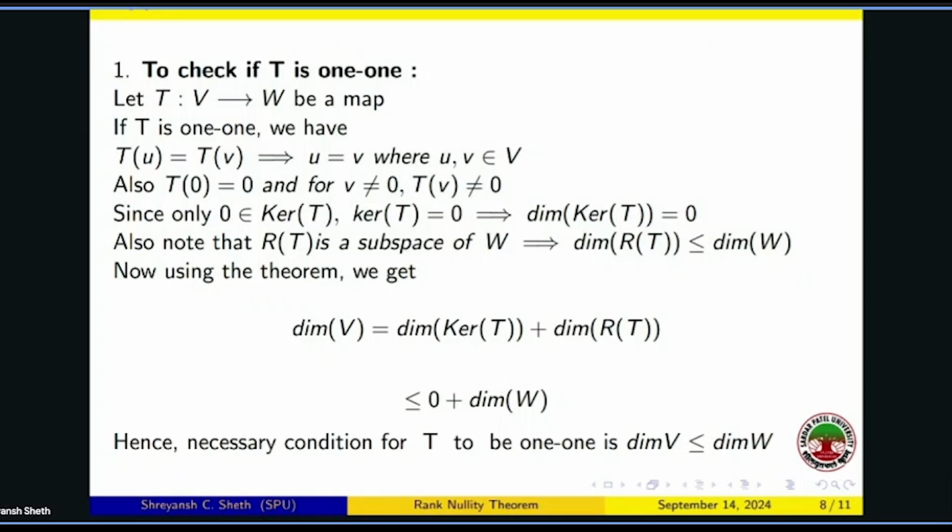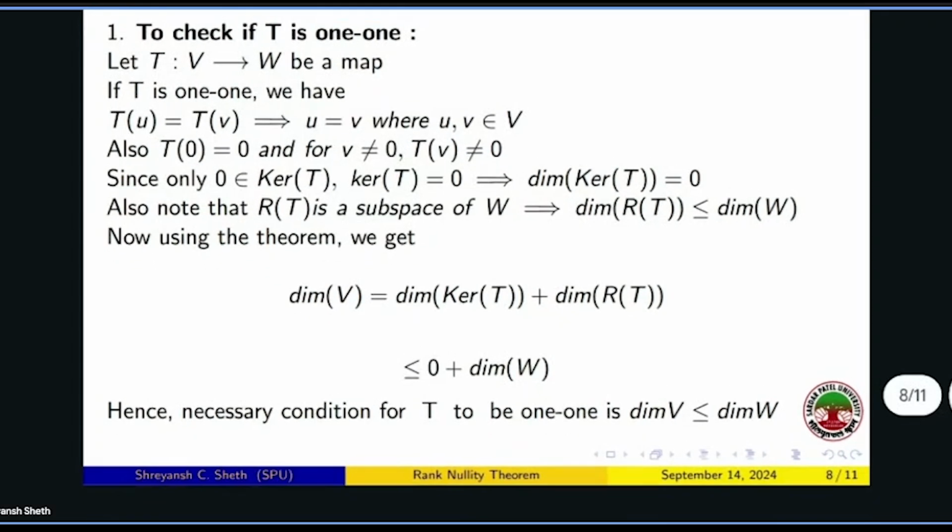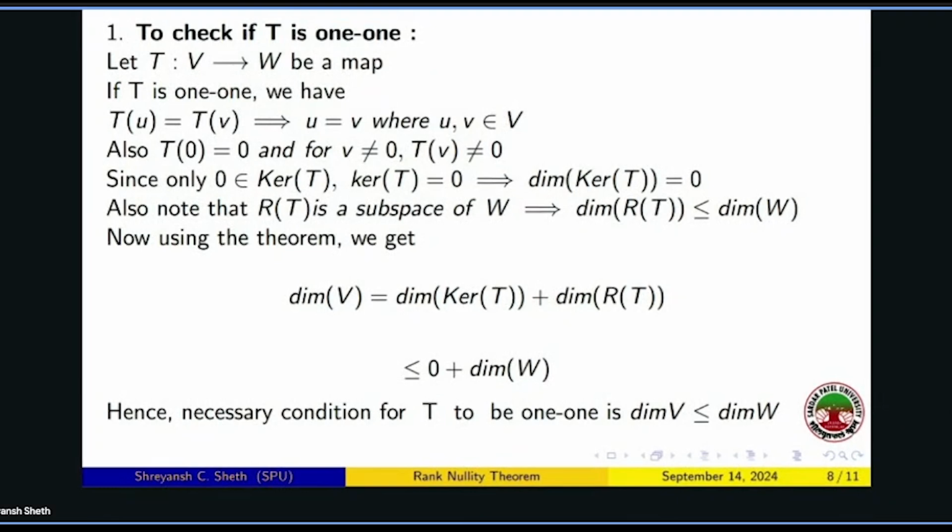Also note that the range space is a subspace of the codomain space. So dimension of range space will always be less than or equal to dimension of the codomain space. Now we use the equation obtained by the rank-nullity theorem.